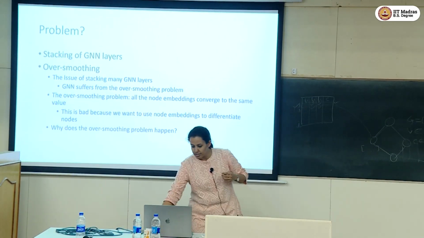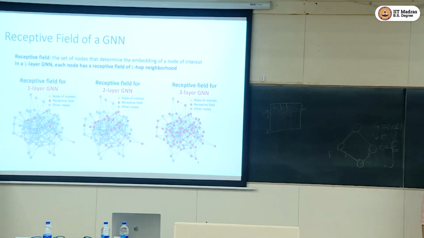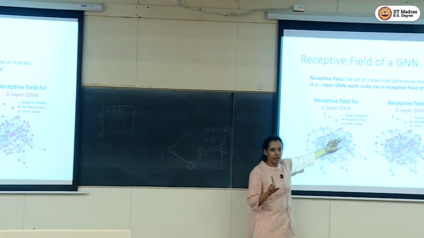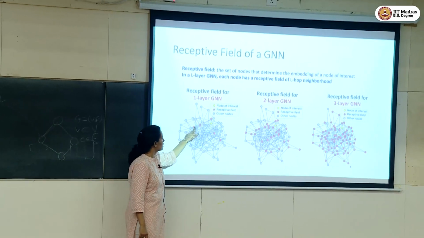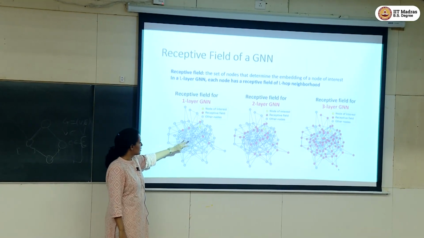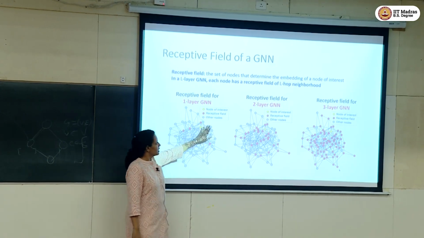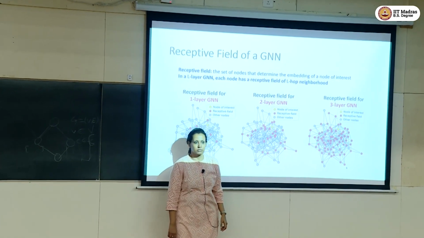Do you agree? This is the figure actually. This is your node of interest. With a one-layer GNN, the neighbors of this node are only these four. With a two-layer GNN, the neighborhood becomes larger for this node.